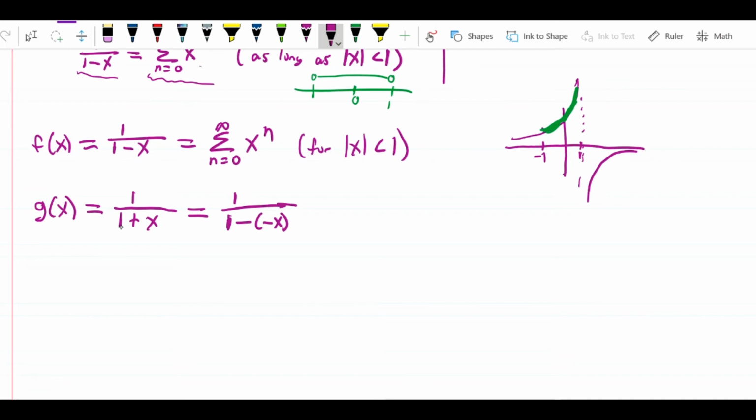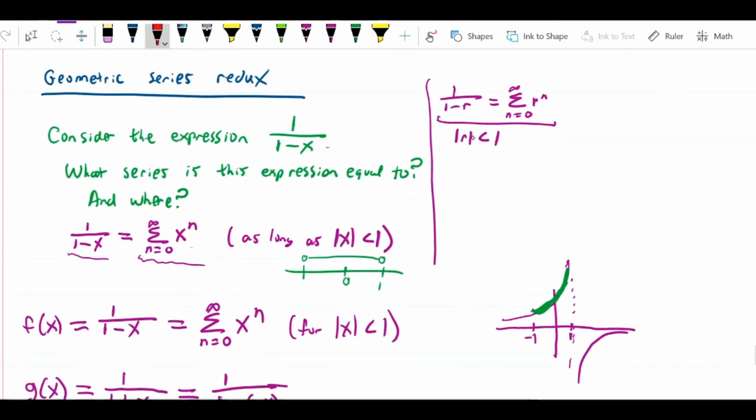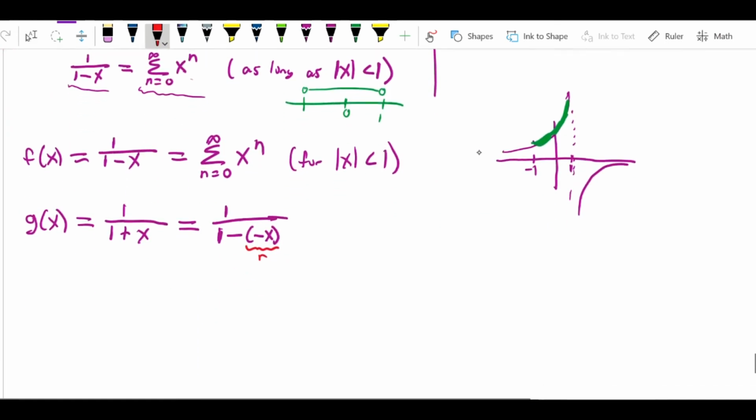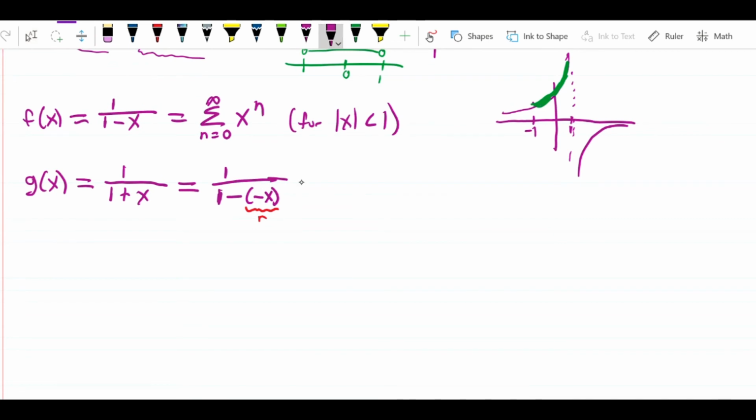Well, once I've written the series in this form, I can simply treat this like it's the r in that formula we learned a couple of sections ago, and I can say that this is equal to the sum from n equals 0 to infinity of this term, -x to the n, which normally I would write this way. I'd pull out the negative and give it its own power, so that's -1 to the n, x to the n.